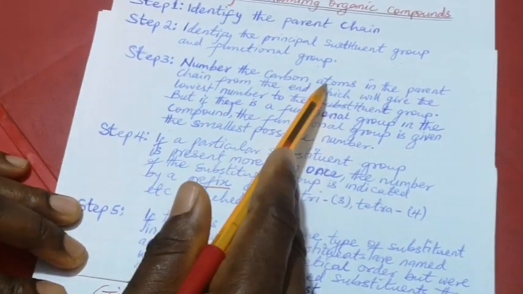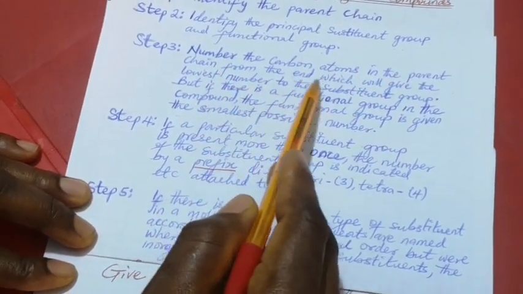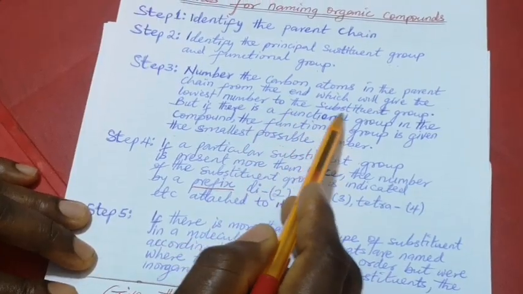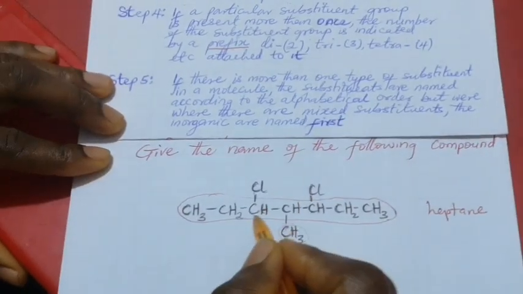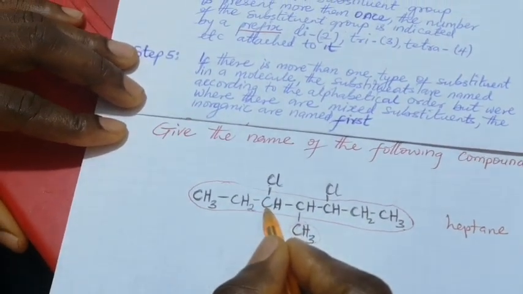Now the third one, number the carbon atoms in the parent chain from the end, which will give the lowest number to the substituent group. Okay, so let's number it in a way that this substituent group will receive the lowest possible number of carbon atom.